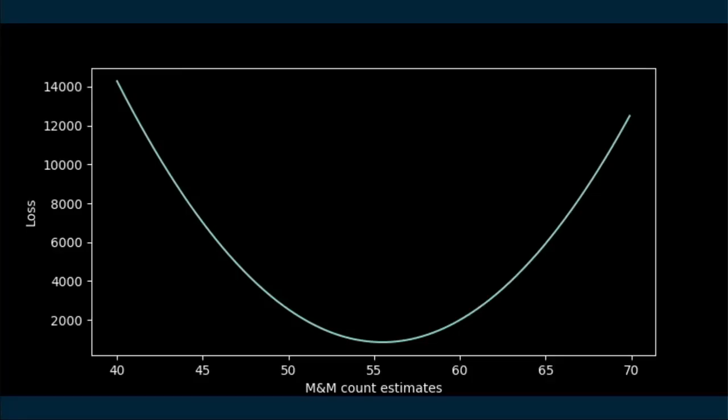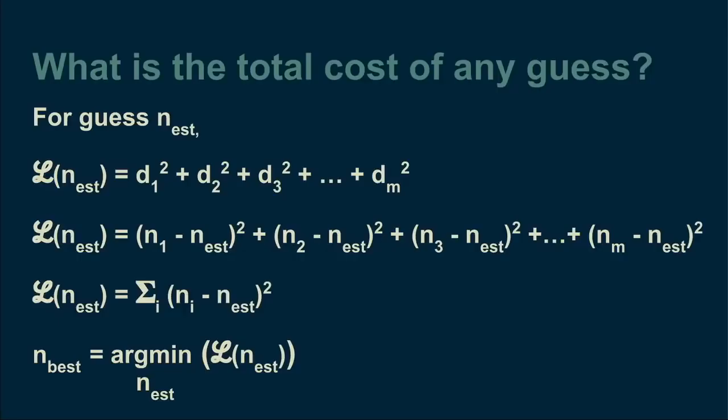Because we have computers, you can write a little bit of code and you can do exhaustive exploration. And I can say, if I guess anything between 40 and 70, how wrong would I be with this data? You can plot it, and visually we can look at this and say, hey, look, there's the lowest value. And we can ask, what is the value of the guess that gives me the lowest loss?